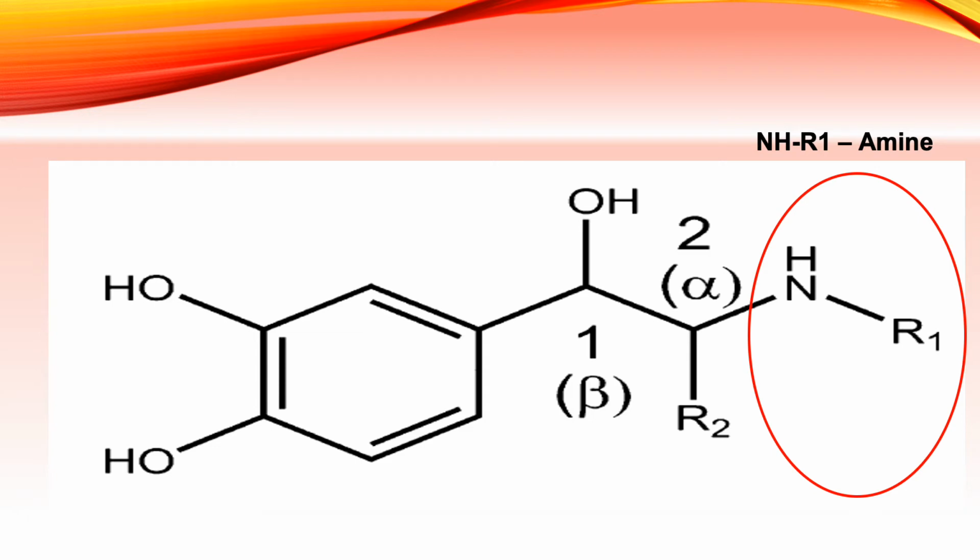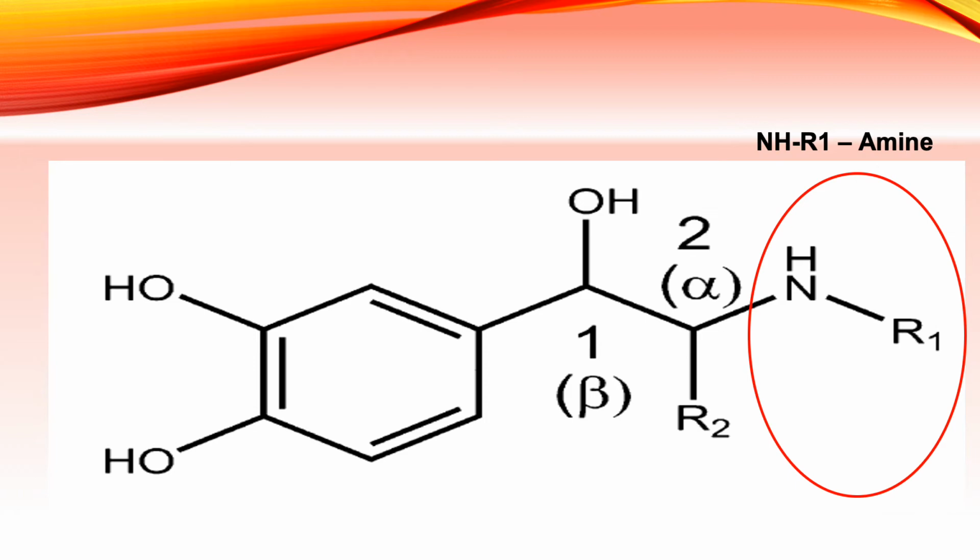Moving forward, if our R1 is substituted with a more bulky substituent such as tert-butyl, it will have affinity with alpha 1 receptor, but there is no activity at all. Instead, it will have beta receptor activity.